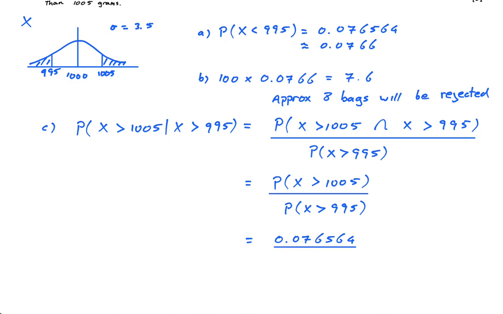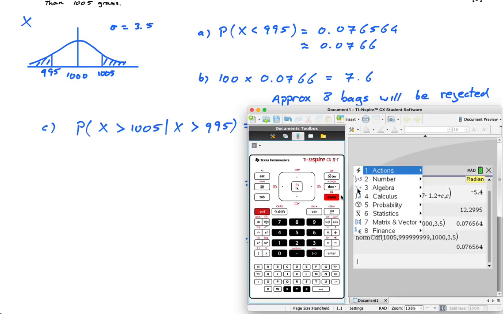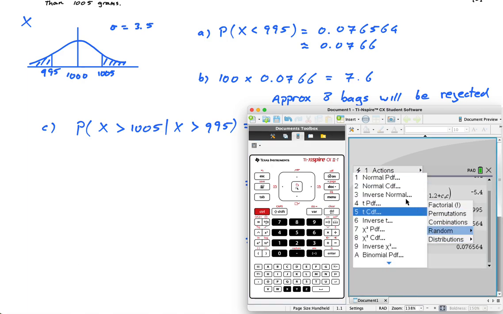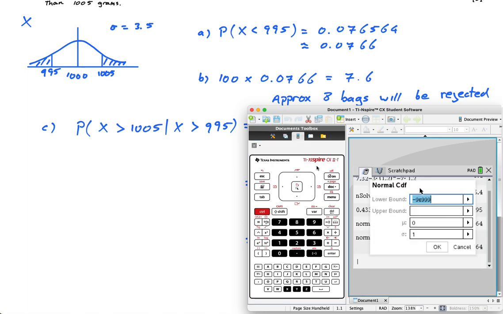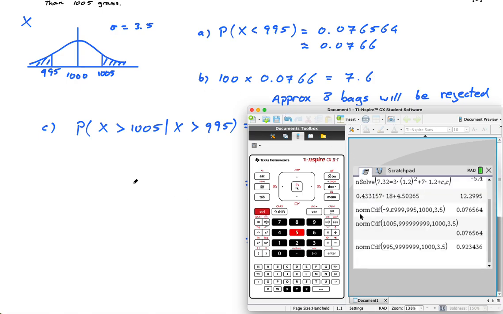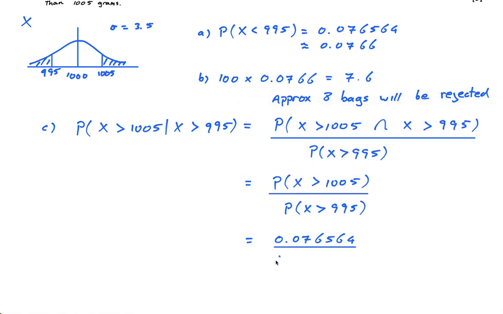And it's divided by, let's do it again, guys, even though you could calculate it pretty easily. Probability distributions, normal CDF, 995, 99999, 1000, 3.5, press enter, 0.923436.